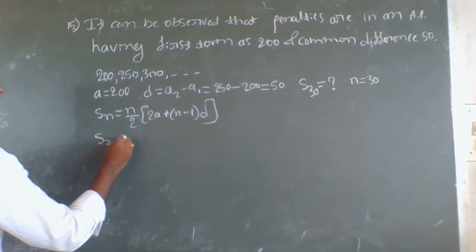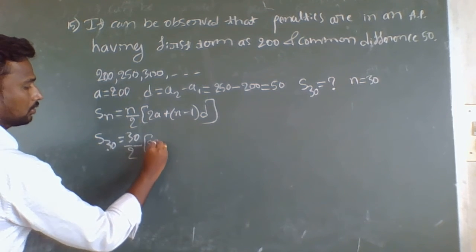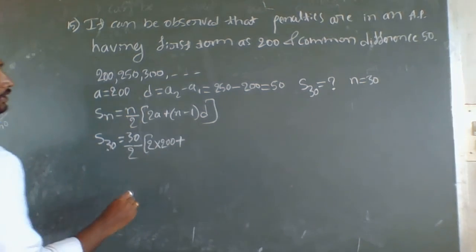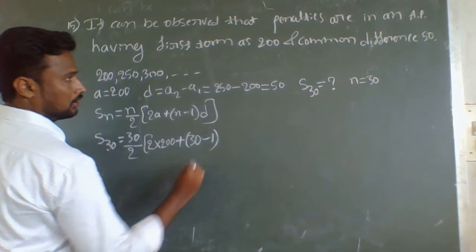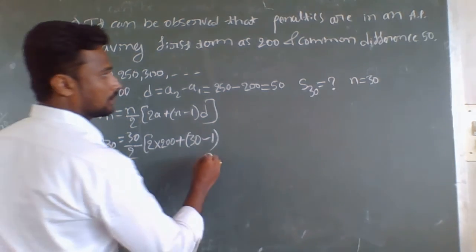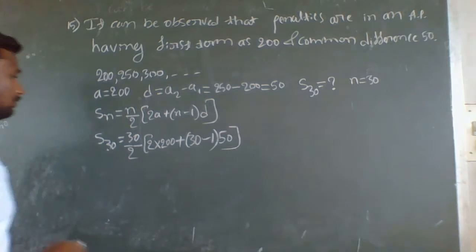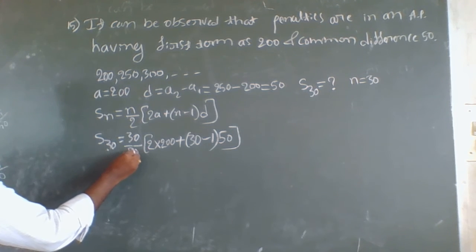Therefore, the n value is 30 here: 30 by 2 into bracket 2a. The a value is 200, plus n minus 1, meaning 30 minus 1, into d. What is the d value? 50. So now by using these values I can calculate the S30 value.